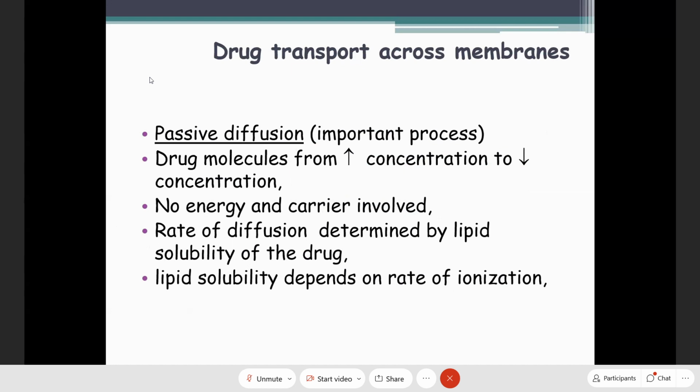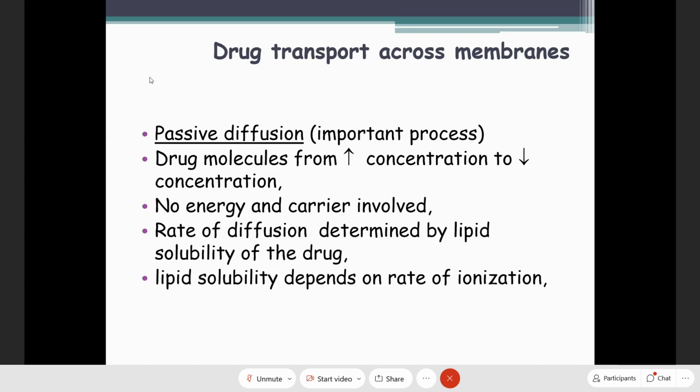Okay, drug transportation across membranes. So once the drug is taken orally, it needs to cross membranes in order to be absorbed and then distributed to the target organs. So passive diffusion is the most important process.